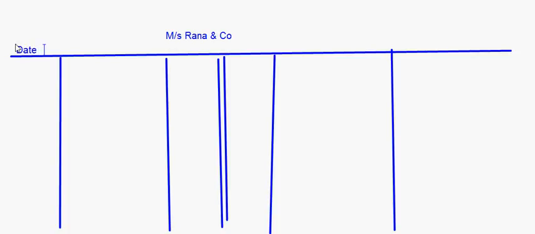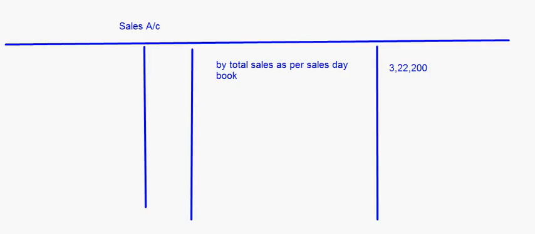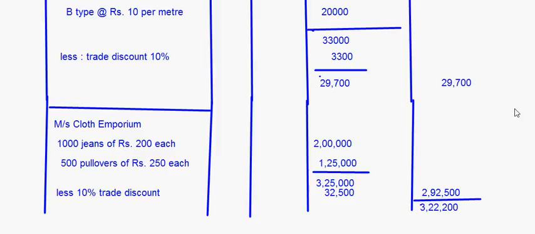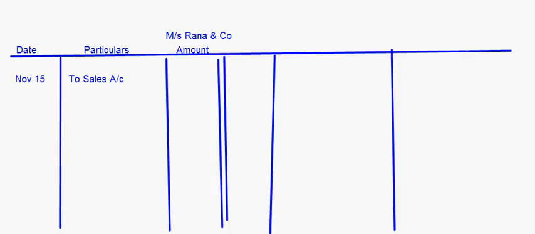So let's say if the sales was effected on a particular date, let's say November 15th, here you will have To Sales Account, and whatever you had in the sales account for Rana and Company, this was the amount 29,700, that will come here, right? So this is the ledger posting for them.